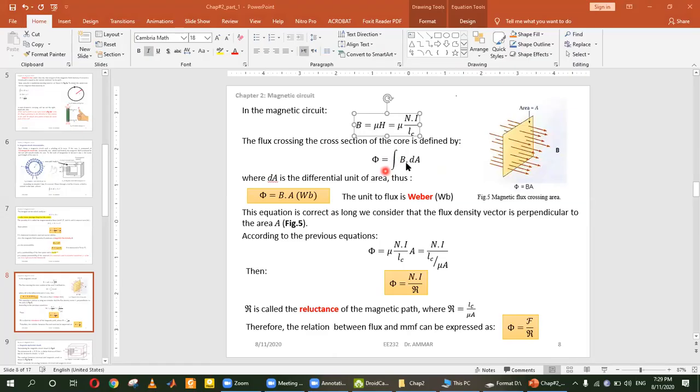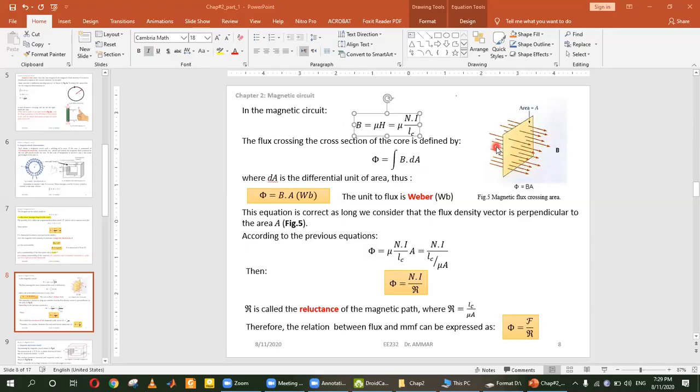So the flux is the integral of B, the magnetic field, dA. dA is the element area, and the calculation of this integral is directly BA. But just remark, this expression is correct when the magnetic field lines are perpendicular to this area.